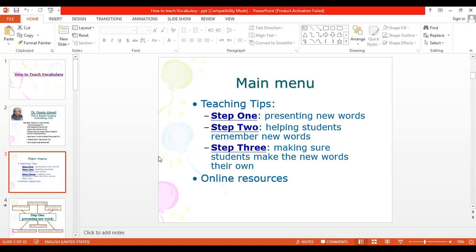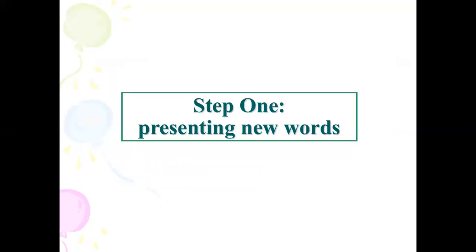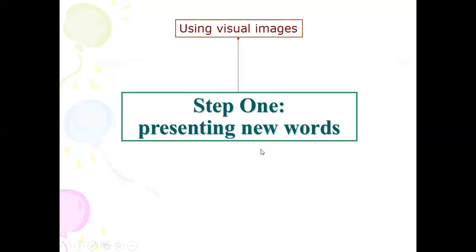So let's start with the first step, which is presenting new words. We can present new words by using visual images, and that will be great with young learners, especially with Connect 1, 2, 3. Young learners really like to see more.